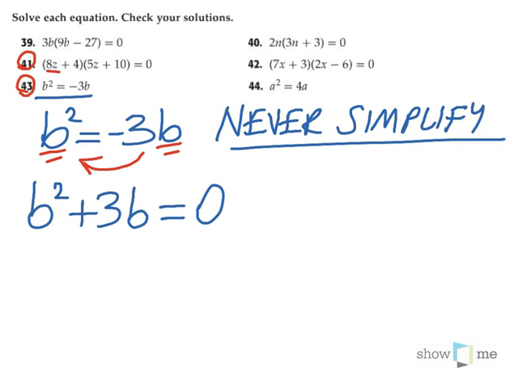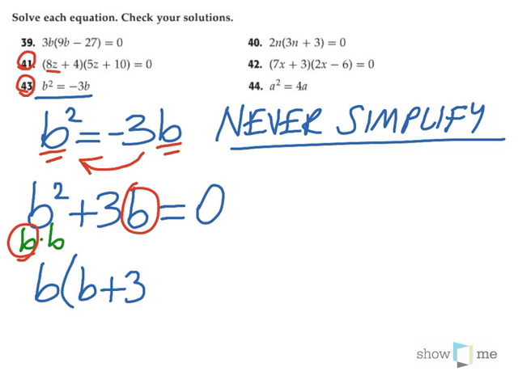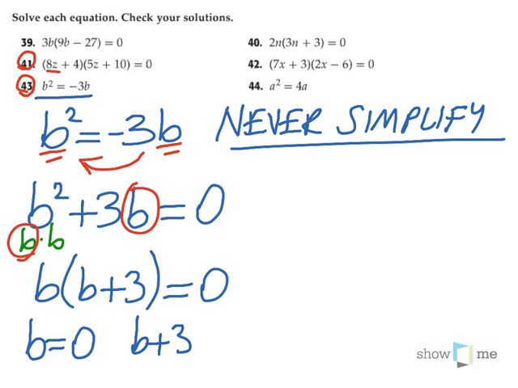Now b squared is b times b, and the common factor is b here, so I'm going to write b in parentheses. Now the remaining is b plus 3, which is 0. Now either b is 0 or b plus 3 is 0.